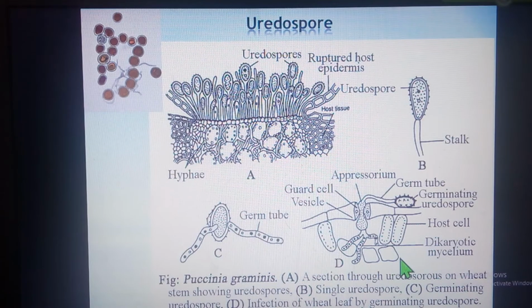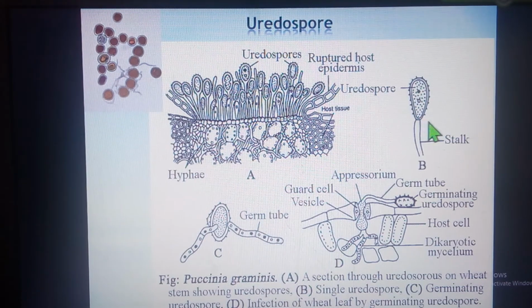Now the mycelium of the subepidermal region develops erect hyphae, and these later produce a binucleate urediospore. It is very important to remember that the spore produced due to the germination of the aeciospore is binucleate.